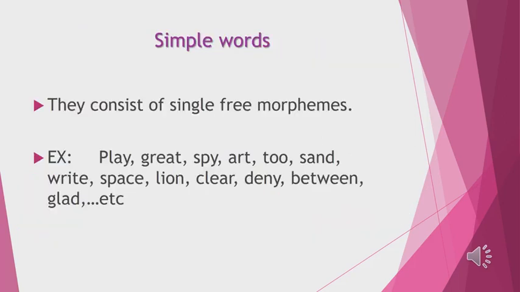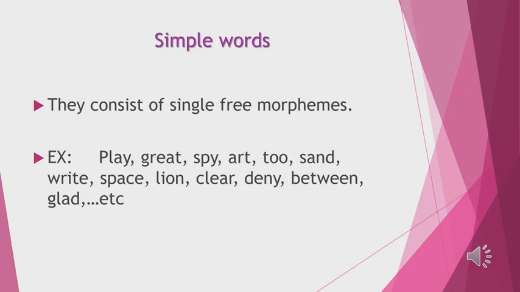Starting with simple words: they are words that consist of single free morphemes. Each one of these words consists of one free morpheme that can stand alone with meaning. So a simple word is a word that consists of only one morpheme, and this morpheme is a free morpheme that can stand alone with meaning. Let's take examples.